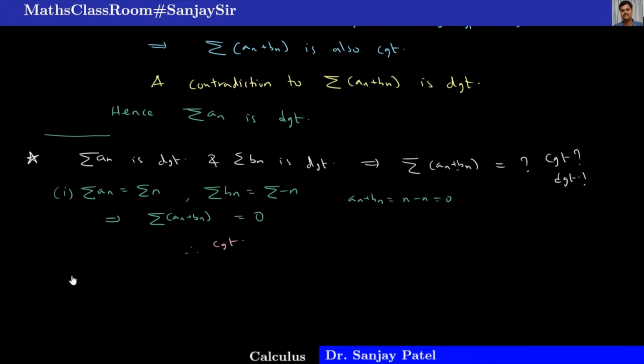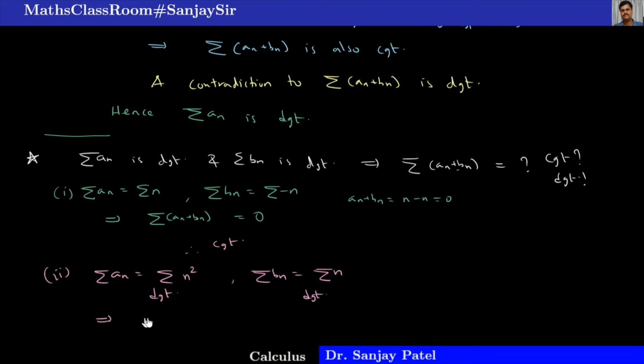But if I consider another example, say sigma an is equal to sigma n square, which is a divergent series, and sigma bn is equal to sigma n, which is also divergent. That we have discussed already.